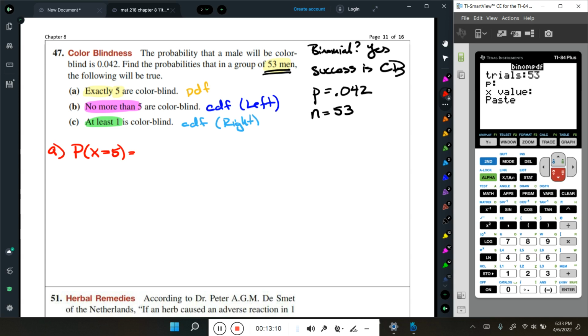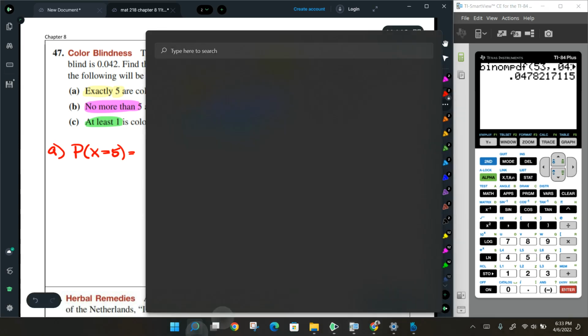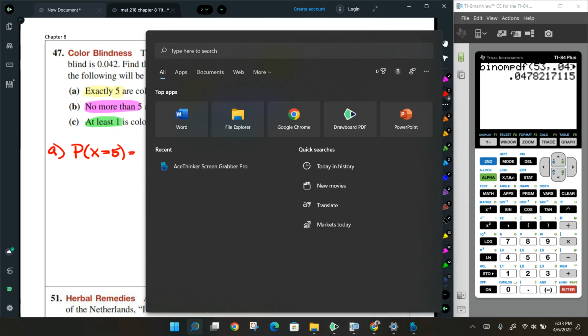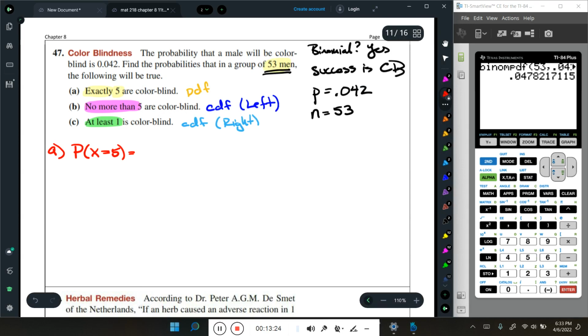Our probability for success is 0.042, 4.2%, and we want the x to be exactly 5. And that works out to be about, whoa, what happened there? 0.048. Well, that's not too bad. I can do this. All right.